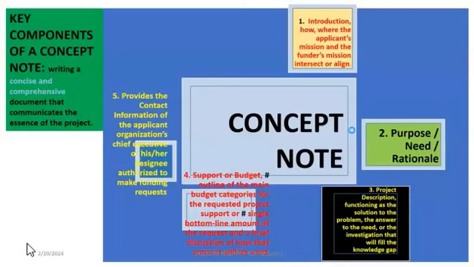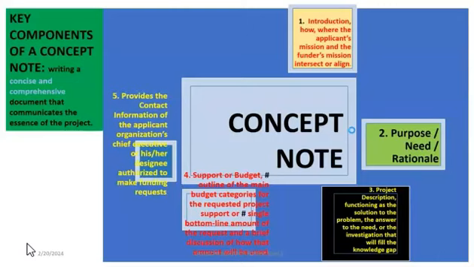So what are the key components of a concept note? Writing a concise and comprehensive document that communicates the essence of the project. First, you would have to write an introduction of how and where the applicant's mission would meet or intersect or align with the funder's mission.